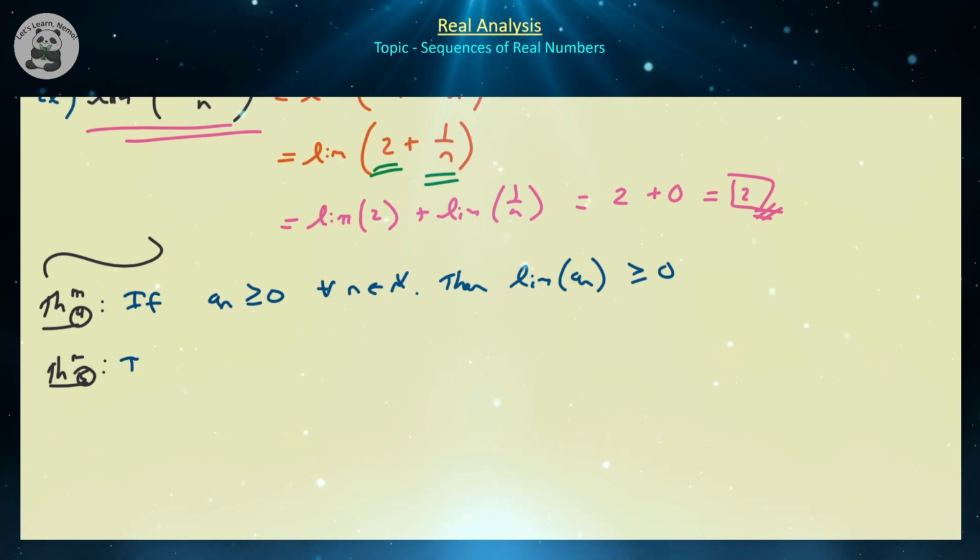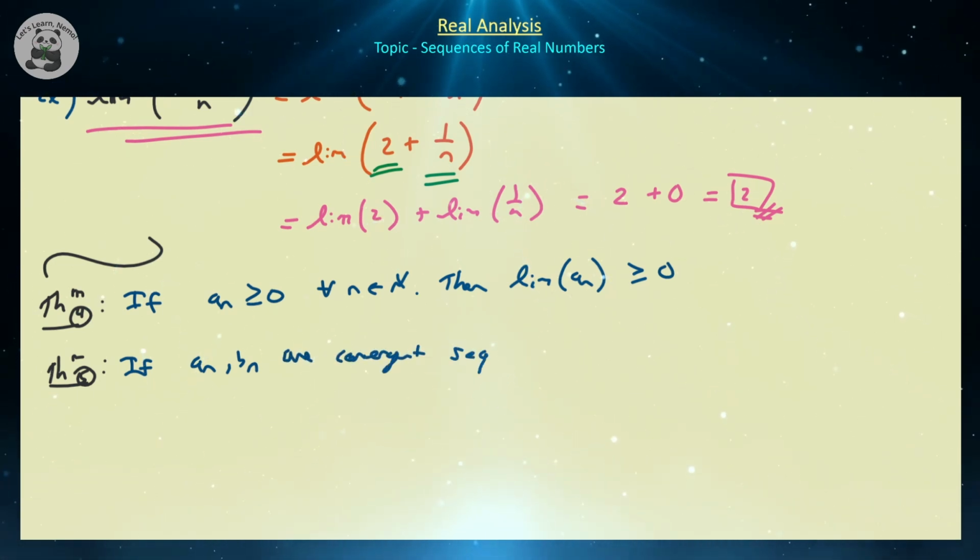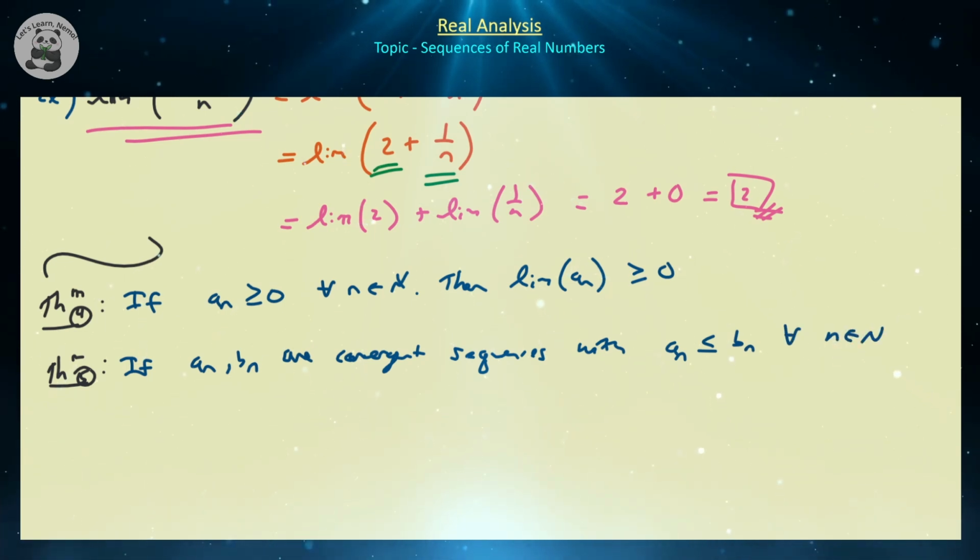And the next theorem that I want to introduce is the following. If an and bn are convergent sequences, and let's assume that an is less than or equal to bn, and let's assume that this is also true for all n in the set of natural numbers. So you could in some sense say that bn is an upper bound for the sequence an. A sequence could in some sense be an upper bound too.